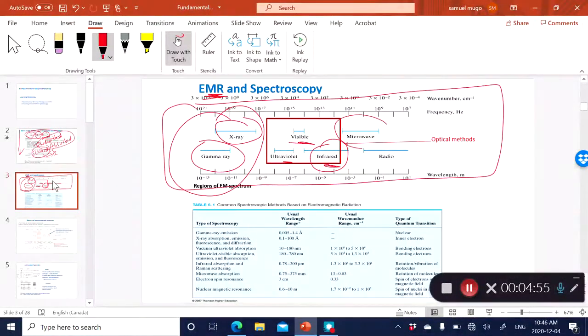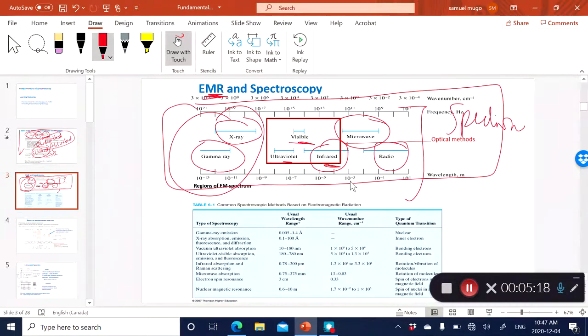And of course, all of us use microwaves. Whatever radiation you use in a microwave is microwave radiation, and of course, the lowest energy is the radio waves. Now, all these types of light can actually result in a spectroscopic technique.